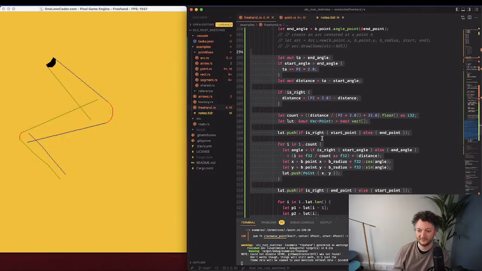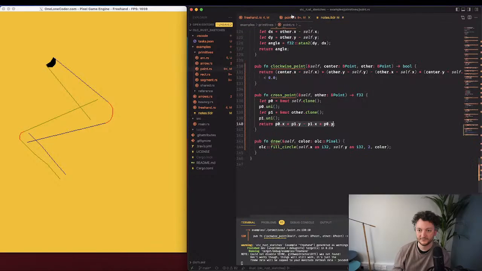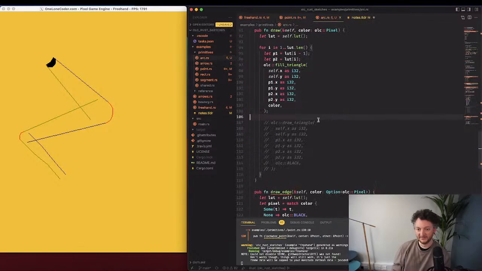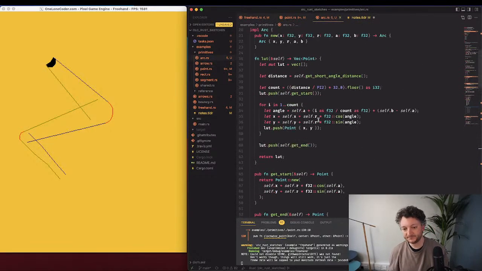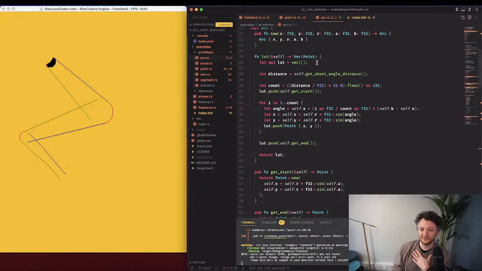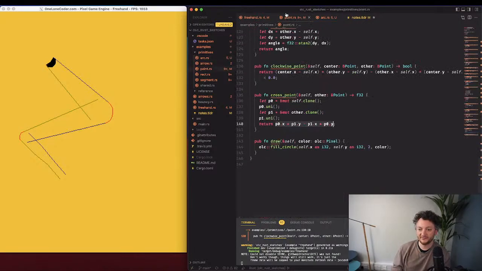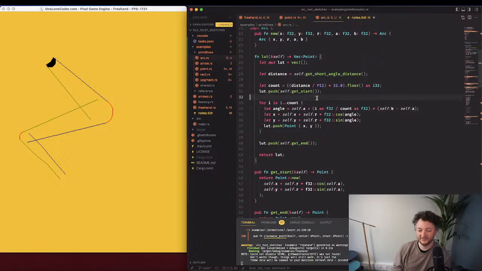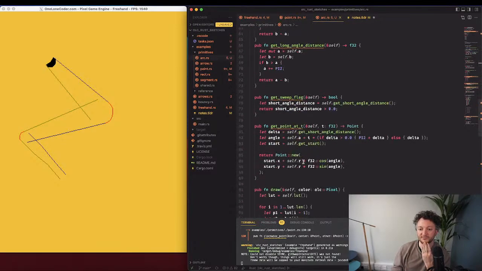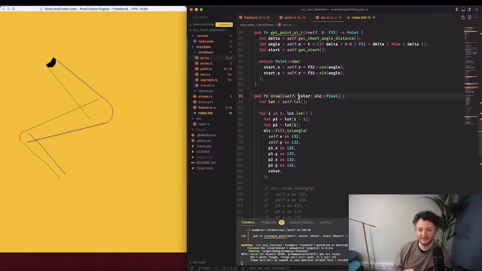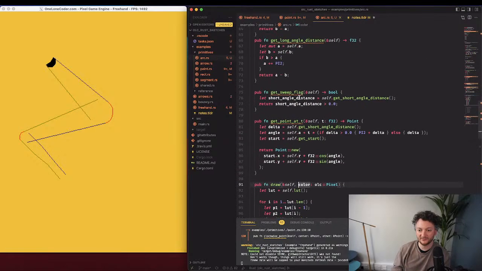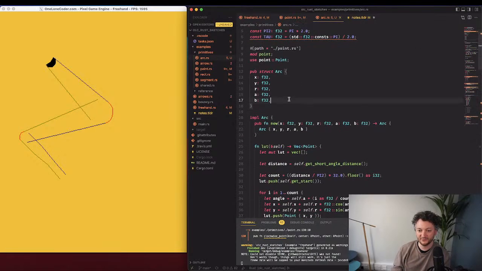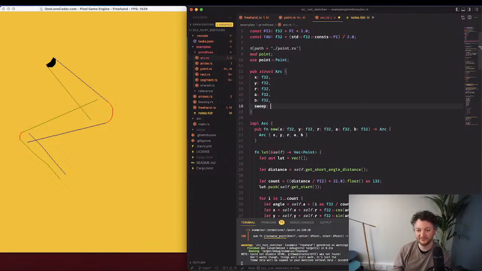It's more like this. Okay, so the lookup table is get short angle distance. That seems right. We just need to know whether we're drawing the long or the short. So I guess we're going to have to do the sweep flag here.